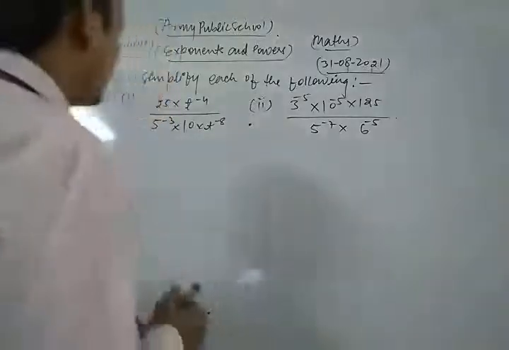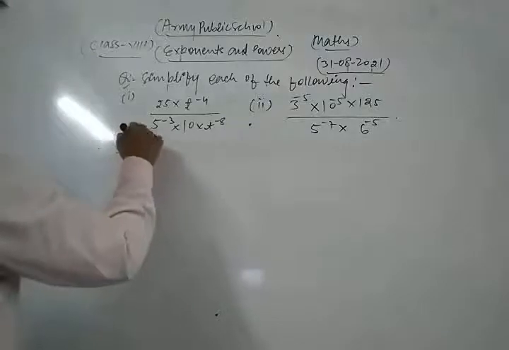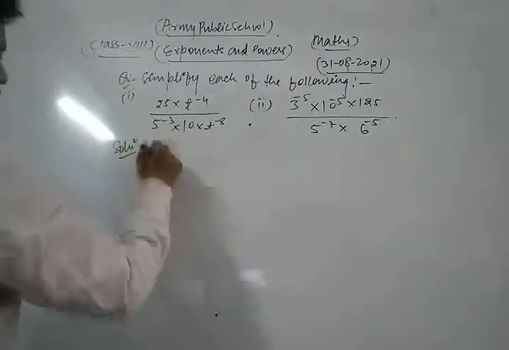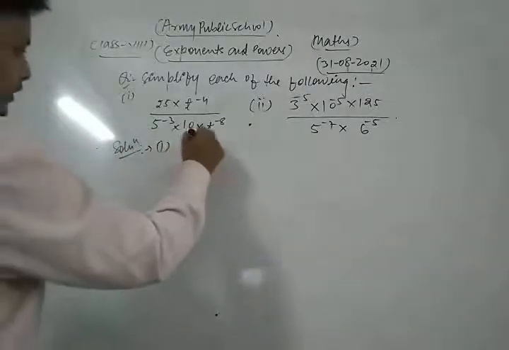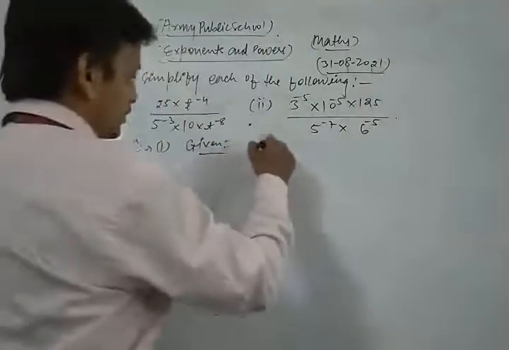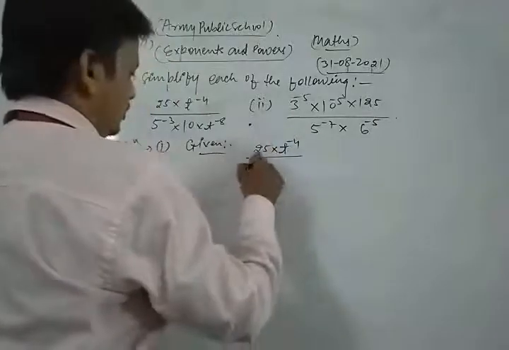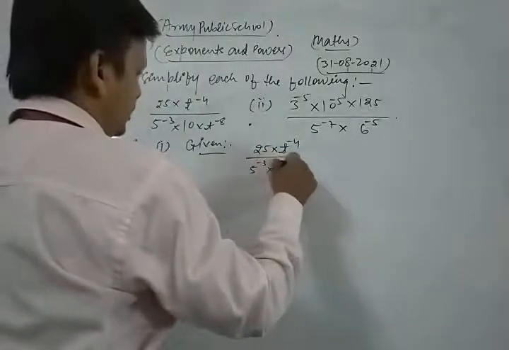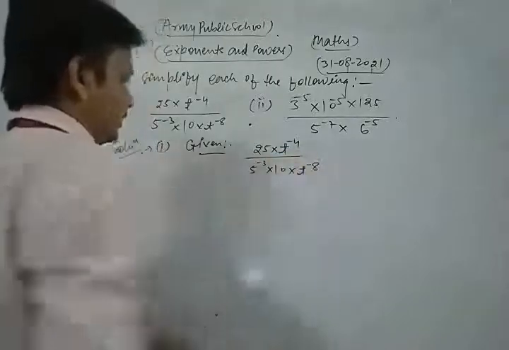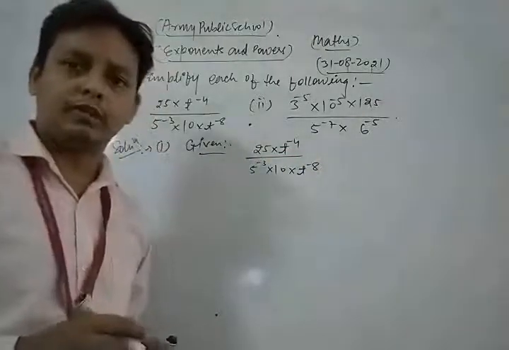Let's see. First of all, we take and solve the first part of the question. What is given? 25 into t to the power minus 4 upon 5 to the power minus 3 into 10 into t to the power minus 8. This is your question. First of all we convert into the same base.